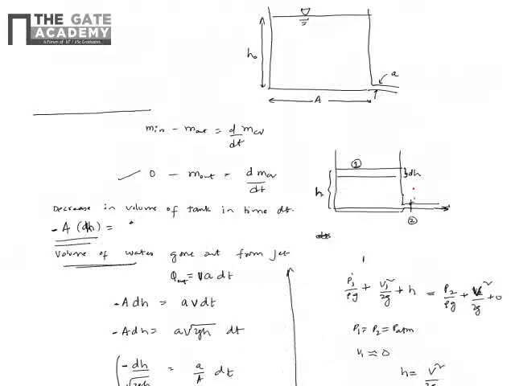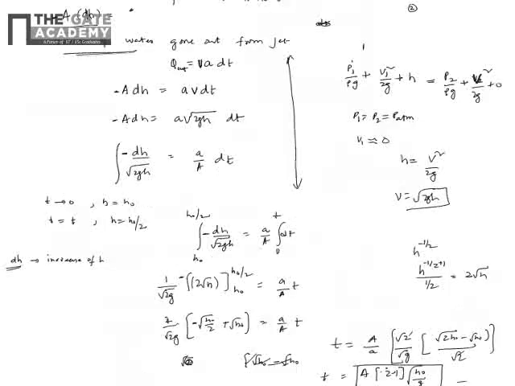The velocity is not uniform. As the height is decreasing, the velocity will decrease. The velocity is just root 2gh. So as the height is decreasing, it takes more and more time to empty the tank. That's the basic problem. So this is the time it takes from h naught to h naught by 2. Thank you.